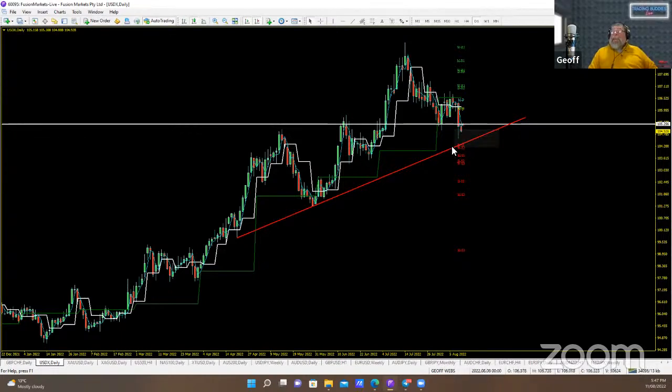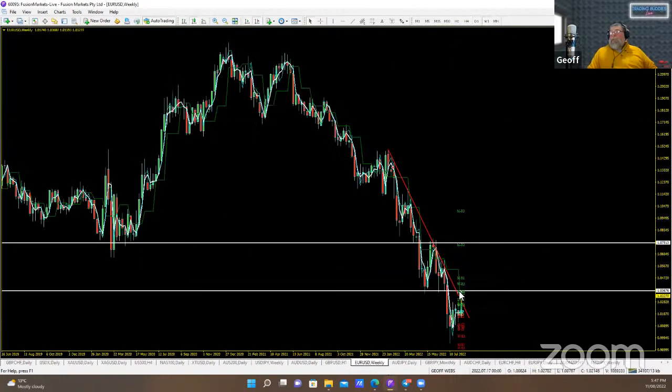So this point here, which is an upside down version, as I said, of this one, is exactly the same thing. So I think you're going to get a signal loud and clear that this wants to go to here, or it goes back to parity, one or the other. And it wouldn't surprise me at all to see this back at parity, put in a double bottom, then rally.